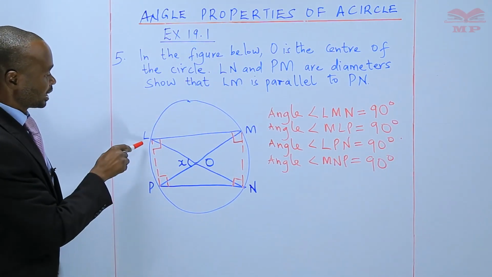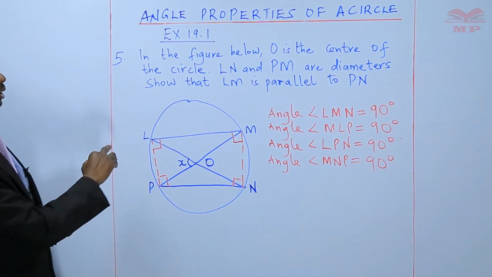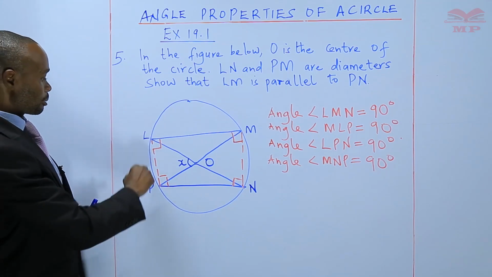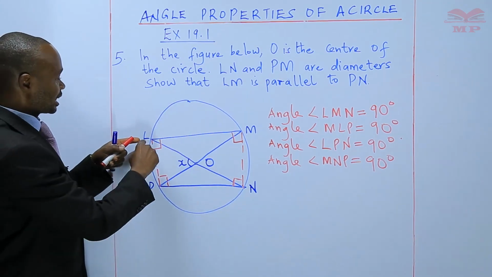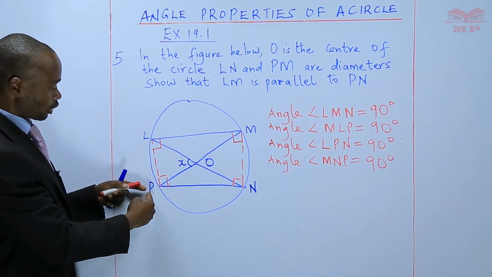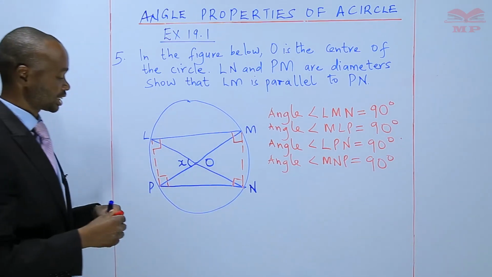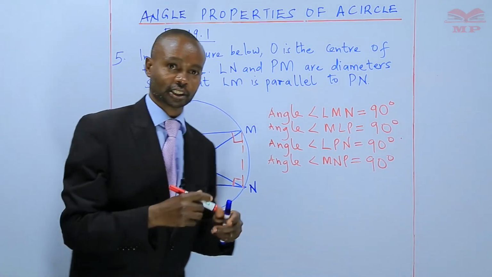We have LP, which is acting as a perpendicular because line LP is meeting line LM at 90 degrees. And it is also meeting line PN at what degrees? At 90 degrees.